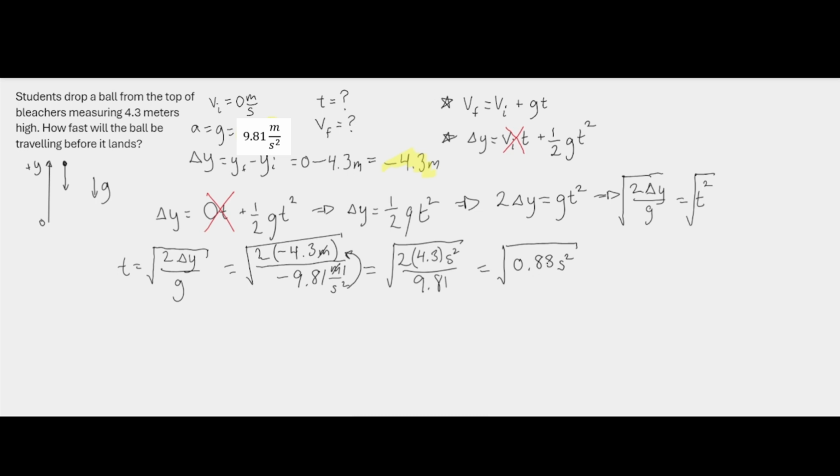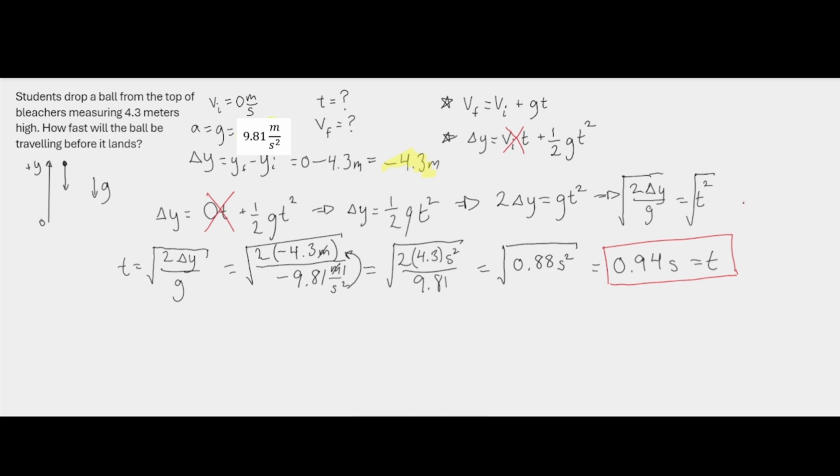Now I take the square root of 0.88, using the value prior to rounding, and this is equal to 0.94 rounded to 2 decimal places. Square root of seconds squared is just seconds, and that's exactly what I want because this is our time. So this is the first important value that we solved for.